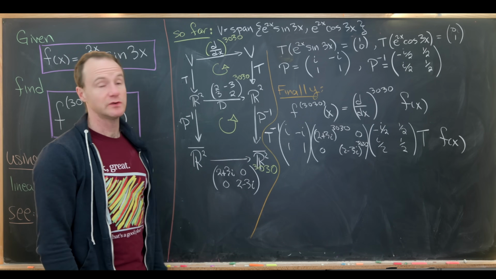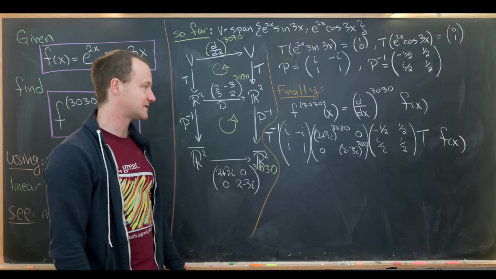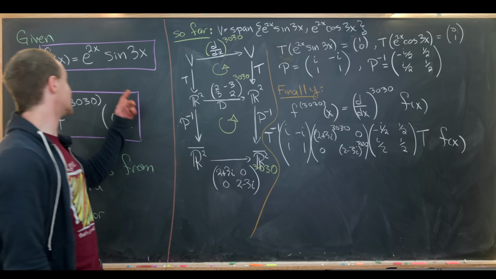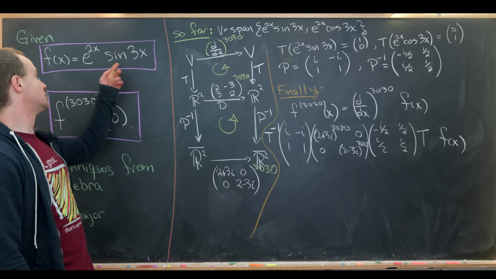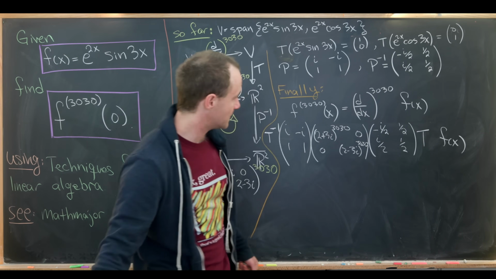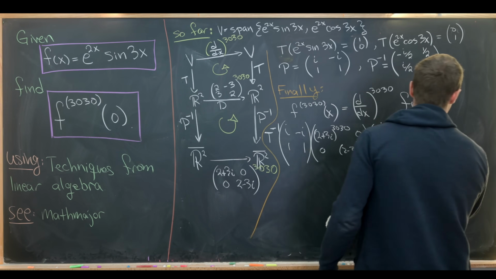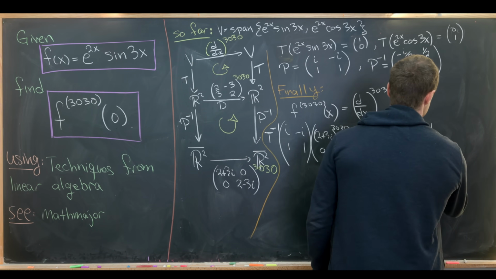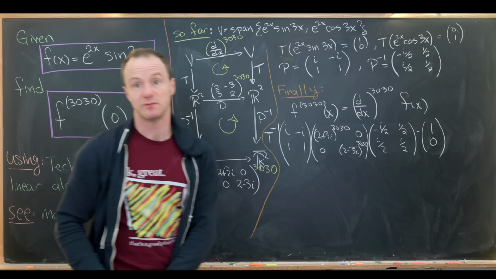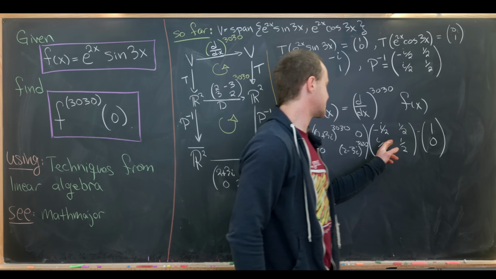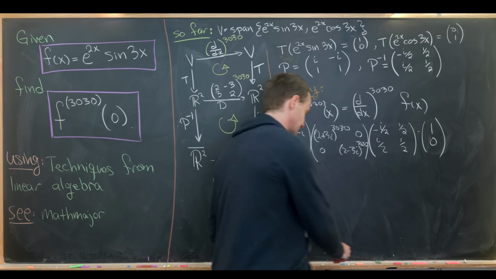Okay, so let's do it just from the right to the left a little bit at a time. So f of x is this e to the 2x sine 3x, and so that corresponds to 1, 0. So we can take this and just replace it with the matrix 1, 0. That's actually pretty nice. Then from there, it's fairly simple to do this matrix multiplication.